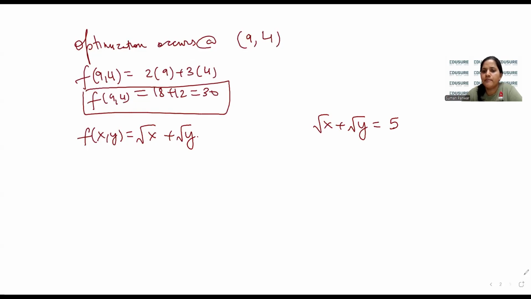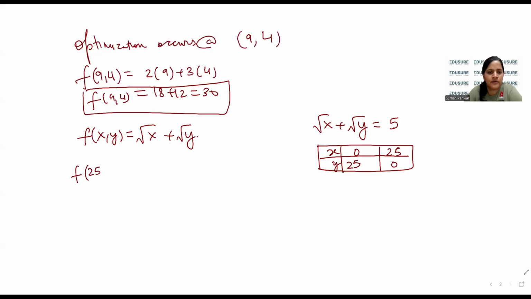So if we plot two values of this equation, if x is equal to 0, y is equal to 25, and if x is equal to 25, y equals 0. So f of x comma y is 2x plus 3y.